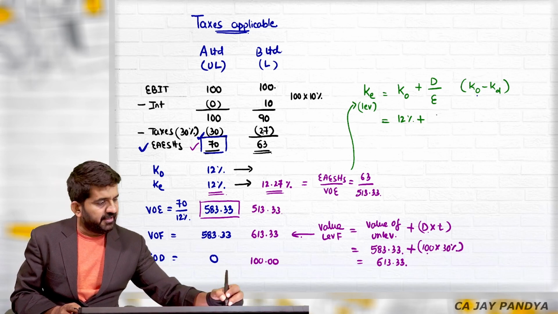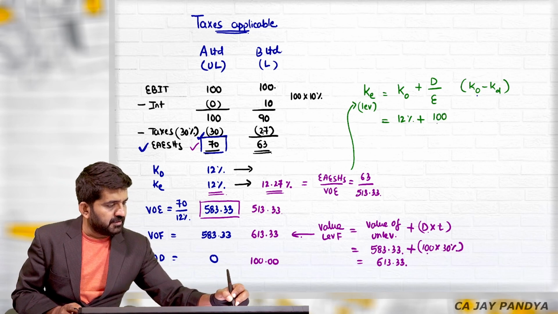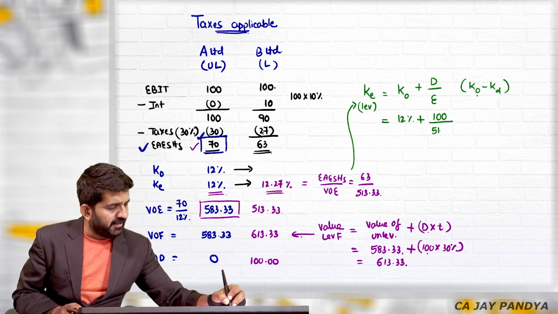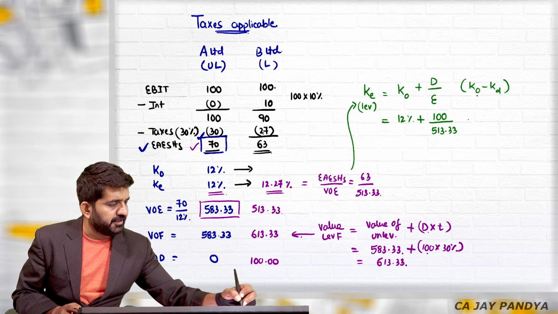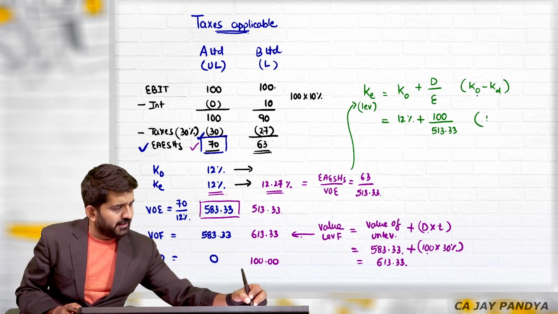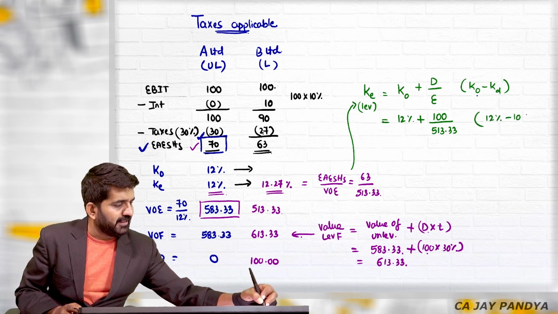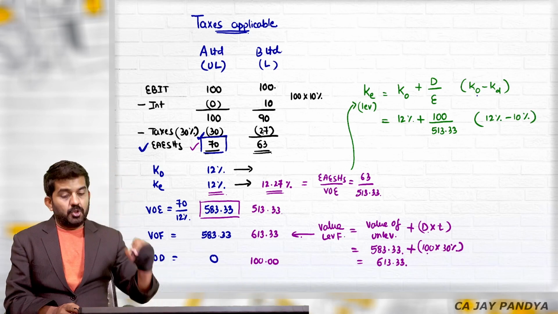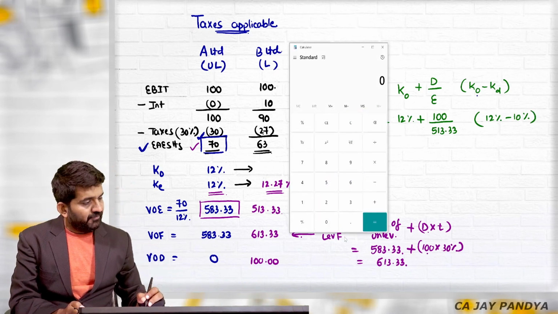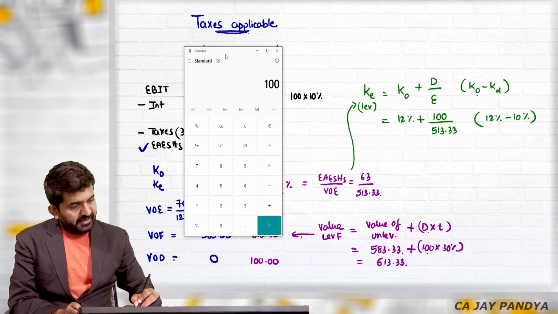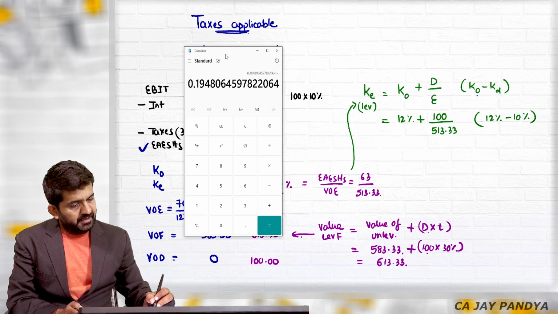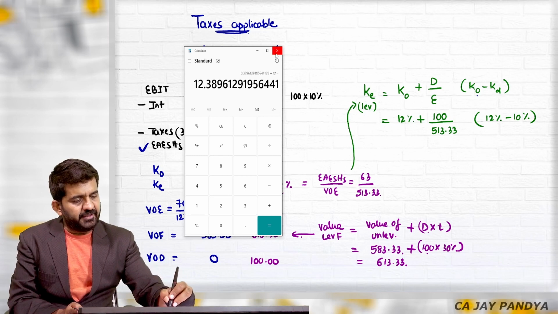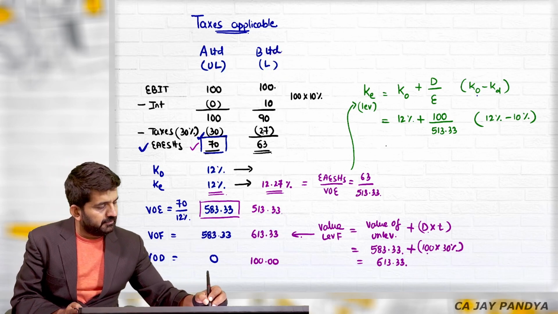Equity is 513.33. This is 100 divided by 513.33, into bracket 12% minus 10%. What answer will I be getting? I will be getting 100 divided by 513.33 multiplied by 2 plus 12, which is 12.39.